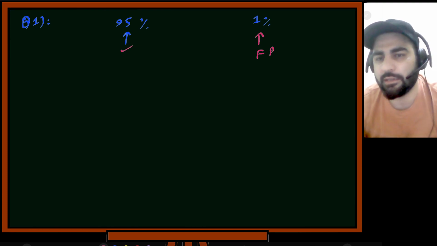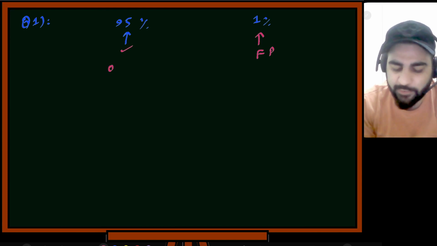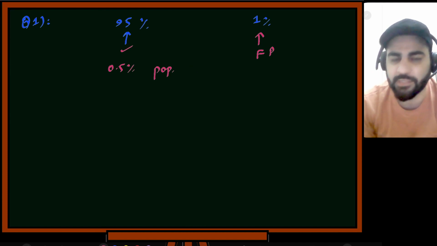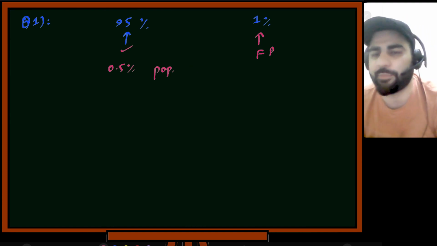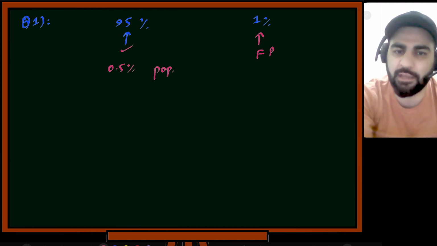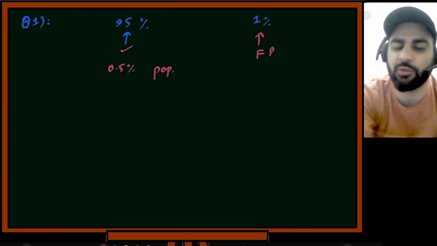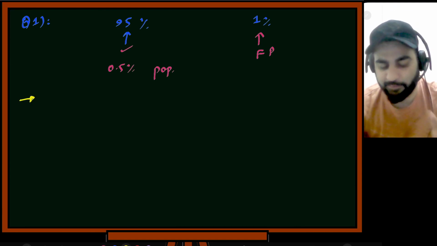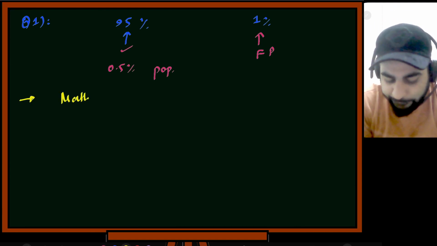And 0.5% of the population is believed to have this disease. What is the probability that a person actually has this disease, given that the test was conducted on him and he came out positive? That's the first step. The first step is mathematical modeling.